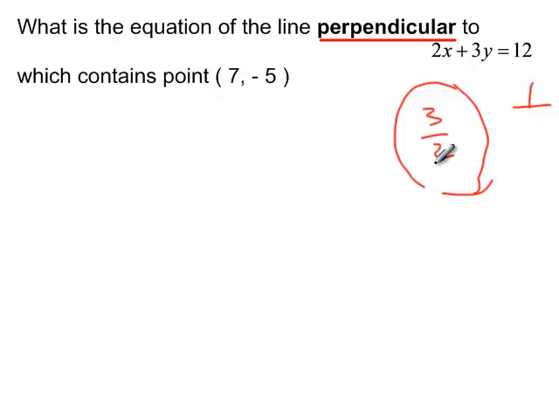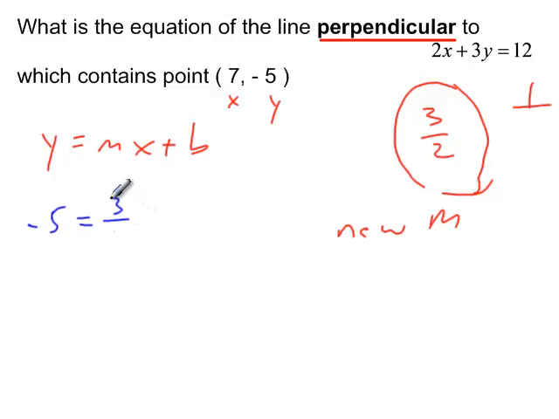So okay, this is going to be our new slope, and then you want to contain that point. So you're going to write y equals mx plus b. This is your x, this is your y, and this is going to be your new m. So then you substitute that into here. So this is negative 5 for the y, 3 over 2 for the slope, 7 for the x.